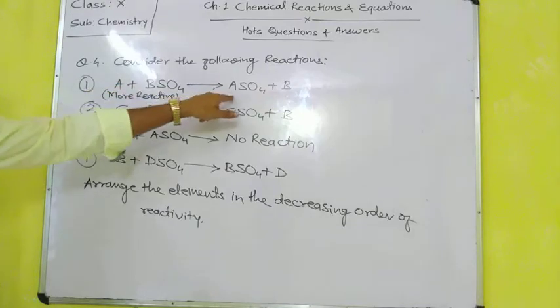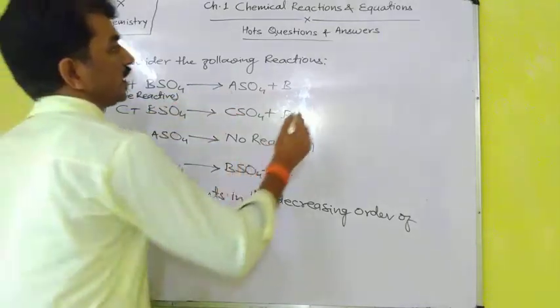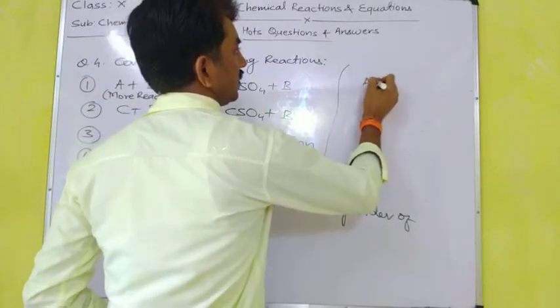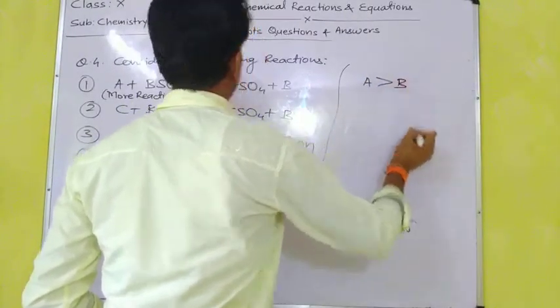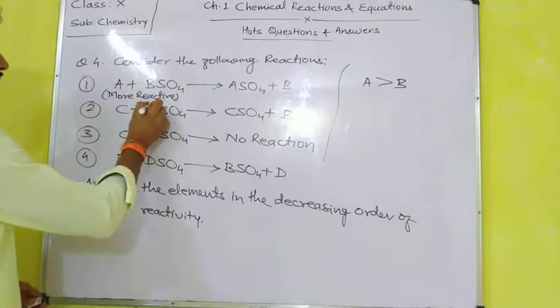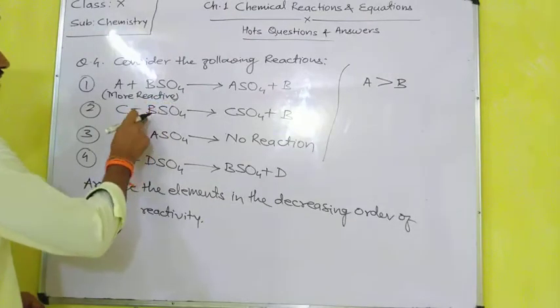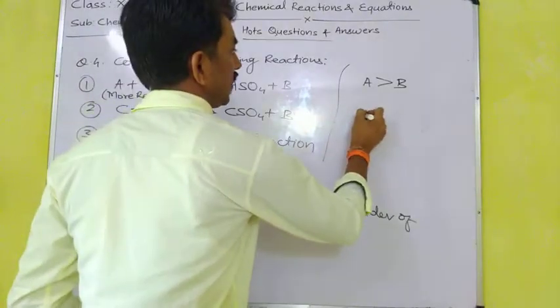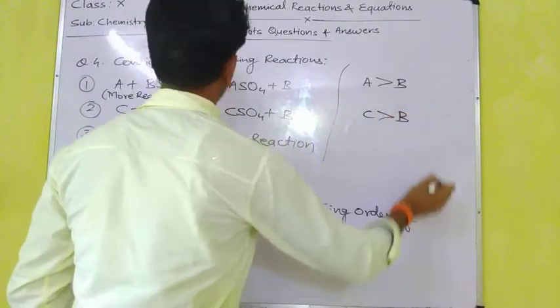Here it is forming ASO4, which means A is more reactive. Just write down here, A is more reactive than B. In this way, here also C displaces B, so C is more reactive than B.